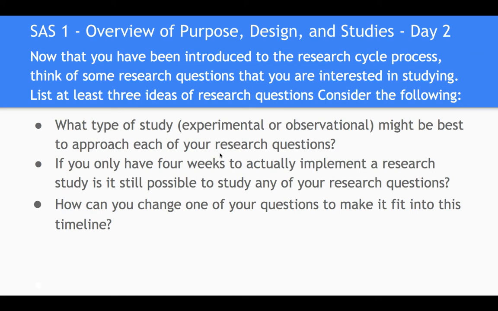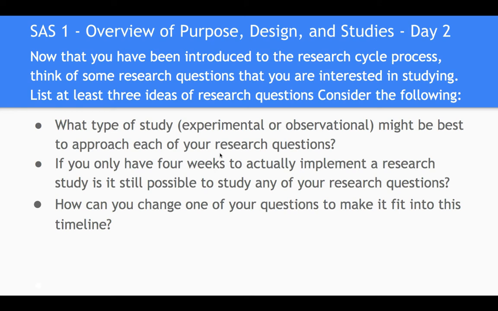An experimental study is a study in which some treatment is given to a group of the participants, and there's another group of participants that the treatment is not given to. And the results of both are compared to see if there's any change in the results for the people that are treated compared to the people that are not treated.